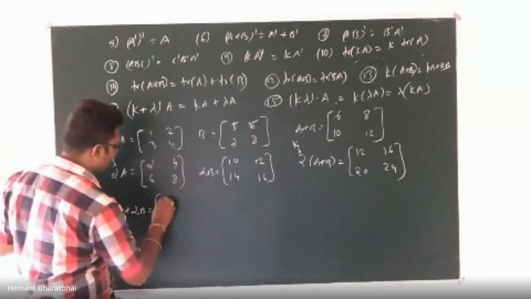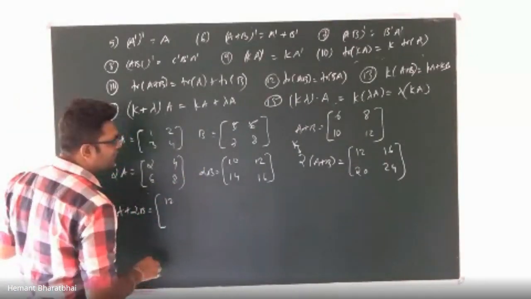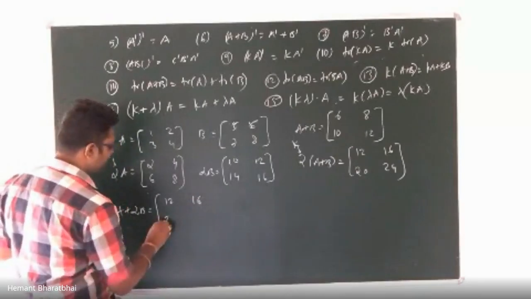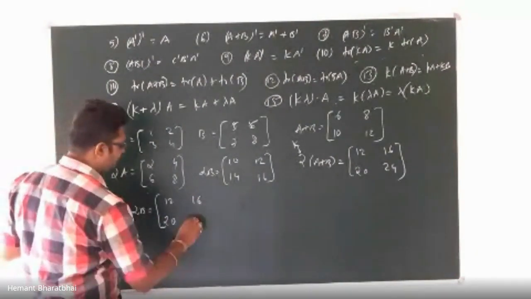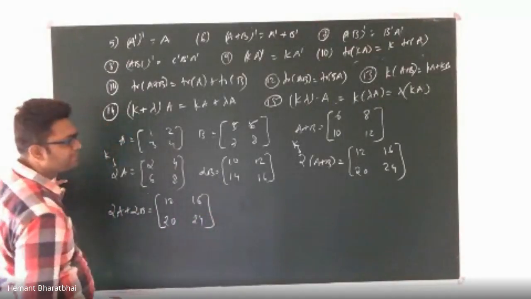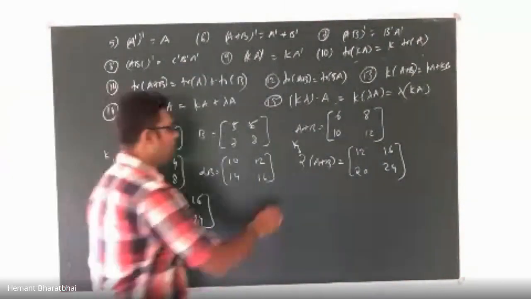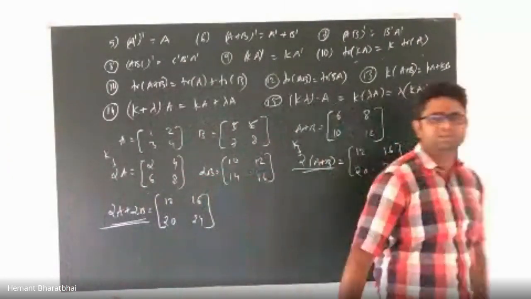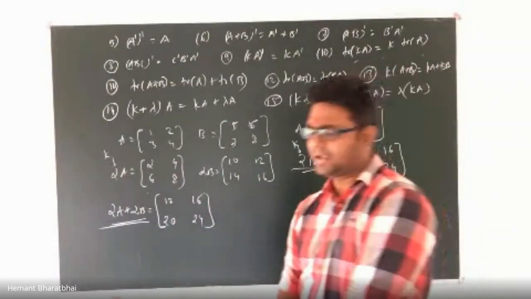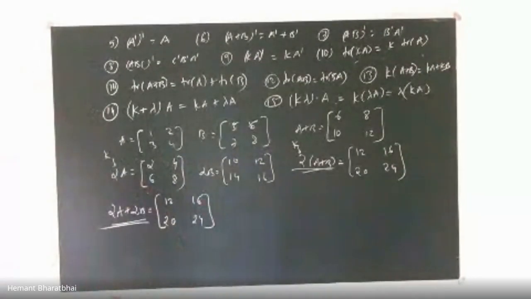That will give me 2 plus 10, that is 12. 4 plus 12, that is 16. 6 plus 14, that is 20. And 8 plus 16, that is 24. Is it exactly same? So 2 times A plus B is equal to 2A plus 2B. Okay, so this property also gets satisfied.